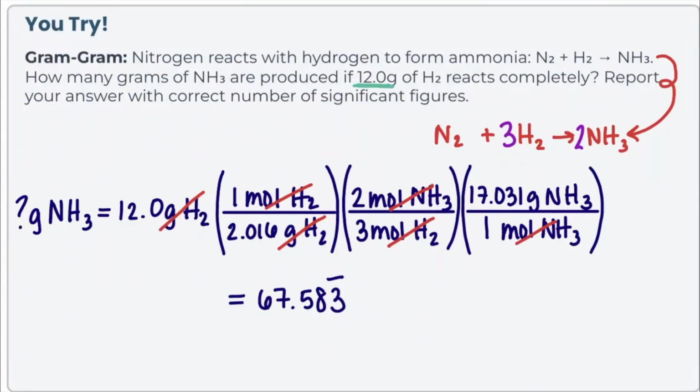Now, because the question is giving you 12.0 grams to start, we have 3 significant figures. So our answer has to also be reported to 3 significant figures. So the third sig fig is the 5. When you look next door to it, the 8 is above a 5, so you round up. So our final answer is 67.6 grams of ammonia.